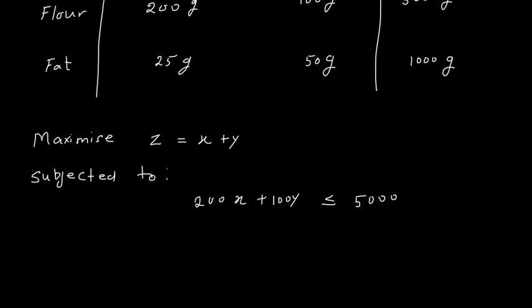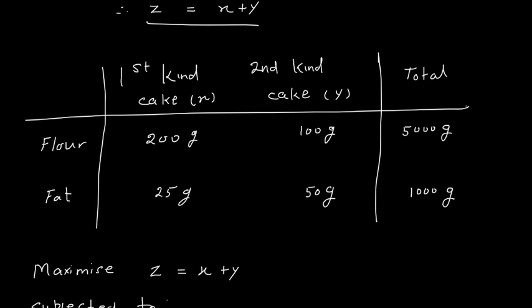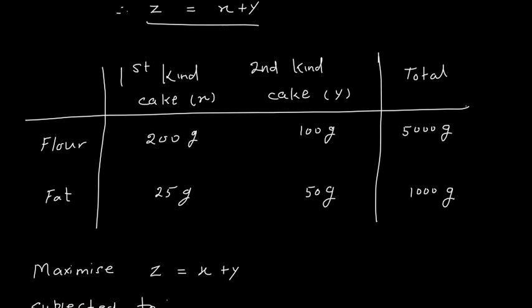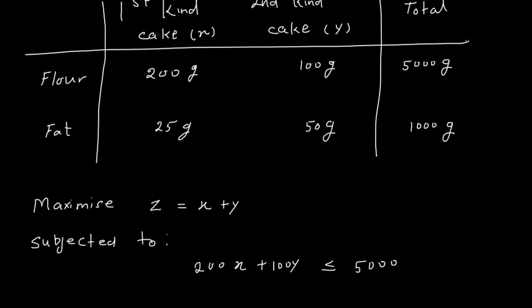Now how do I get this 200x? For 1 cake I need 200 gram of flour. So to make x cakes I need 200x. And similarly for the second kind, for 1 cake I need 100 gram, so for y cakes I need 100y. And together they should be less than 5 kilogram, that is 5000 gram, because the flour available with me is 5 kg only.